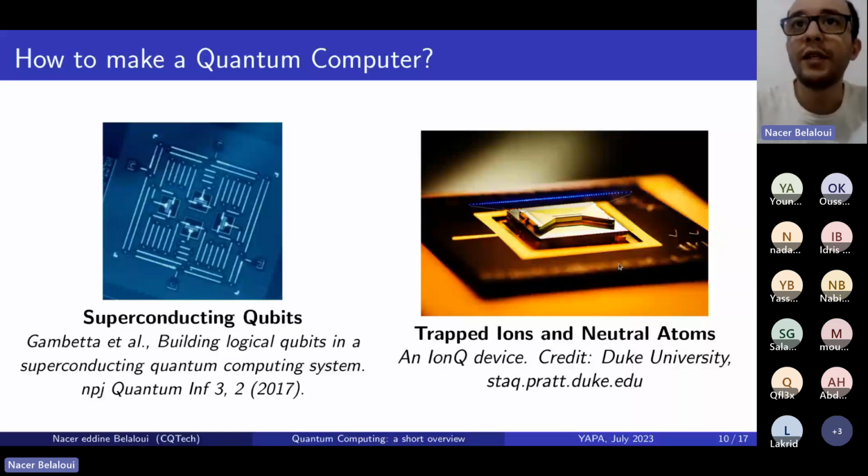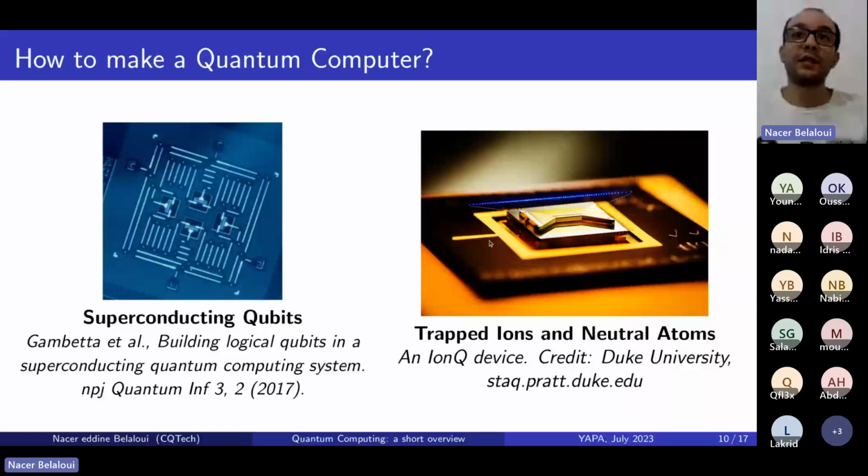If you look closely here, this blue line is made of dots, and each dot is an atom. It's an ion, or an atom with one electron stripped away, so it has a charge. And one of the advantages of this technology is that this is not superconducting. They do not need these dilution refrigerators.